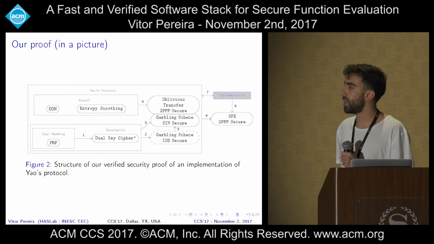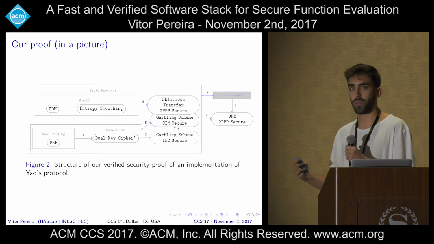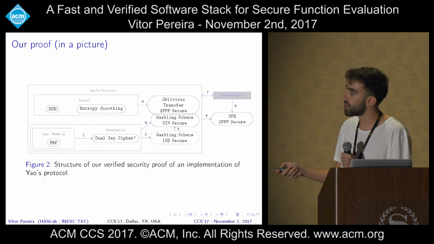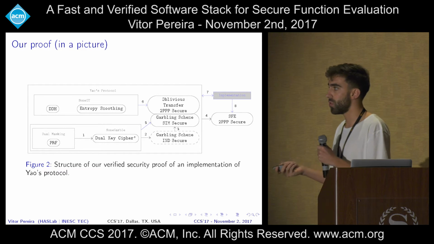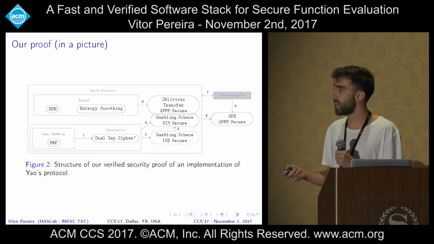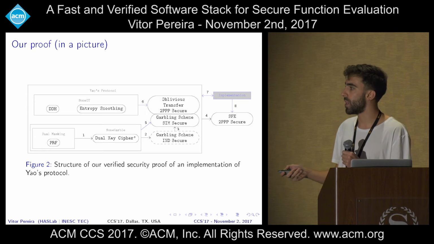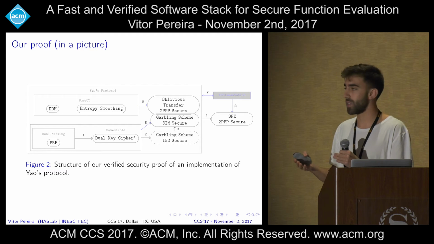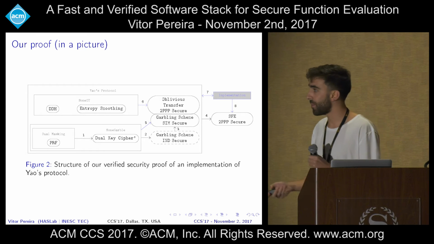In this picture, I include the concrete definitions of the cryptographic primitives. As you can see, an oblivious transfer protocol was obtained using an entropy smoothing hash function and relying on the decisional Diffie-Hellman assumption. A concrete definition of an IND-secure garbling scheme was obtained using a concrete definition of a dual-key cipher scheme, which was built using an abstract PRF.